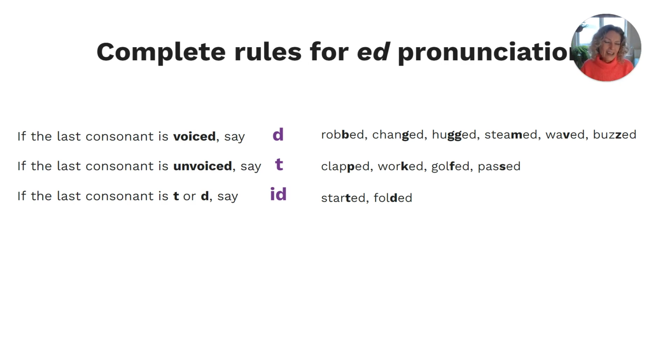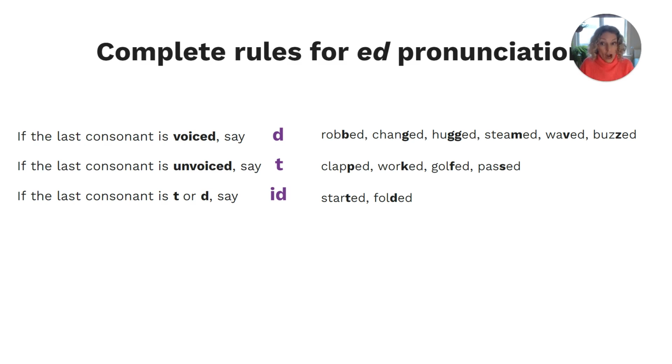So like I said, don't stress over this too much because it's just really natural to put a D sound after a voiced consonant. It would be hard to say robbed, robbed. Your mouth is kind of already in the position to say the correct consonant. Robbed, changed. It's natural to put a D sound there.